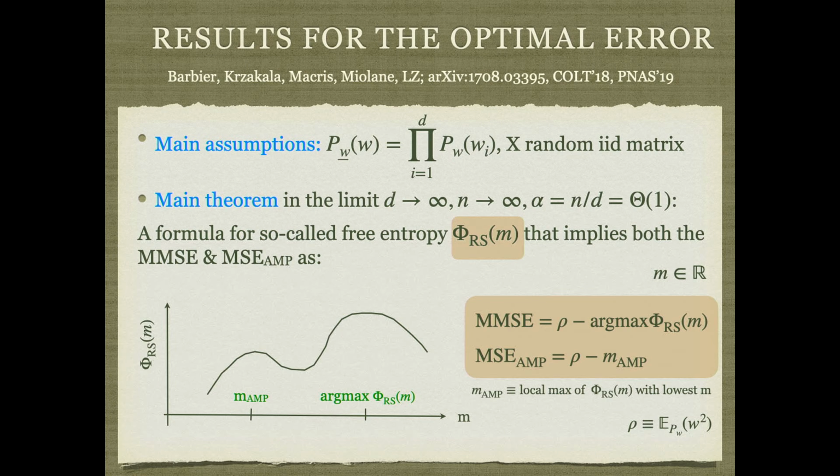And here, that's just schematically said, there is some replica symmetric free energy that in this limit describes both what is statistically the best achievable error and what a given algorithm that we call approximate message passing achieves.